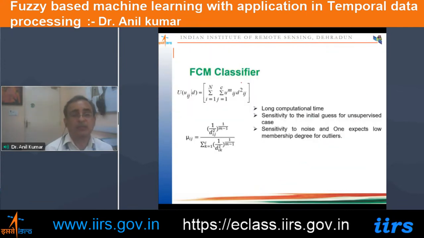So the first one is FCM. This is the first basic classifier in the fuzzy domain. FCM, fuzzy C-means classifier. This is the objective function U, mu is the membership value, D is the distance, i is the input pixel which goes from 1 to n, j is the class which goes from 1 to C. M is a weight constant.